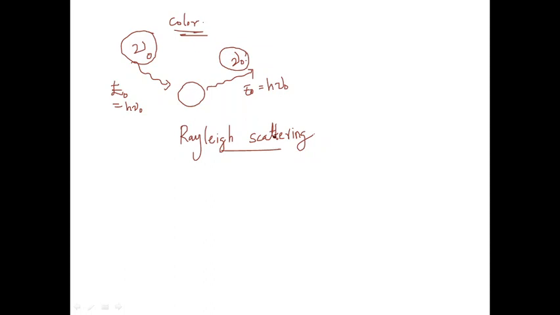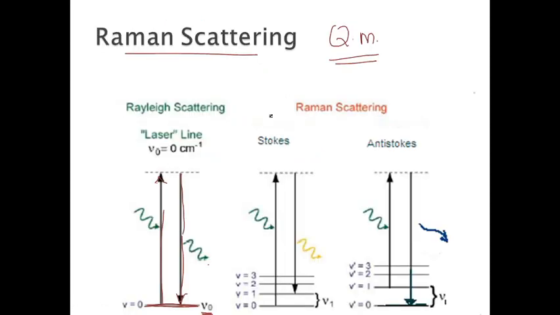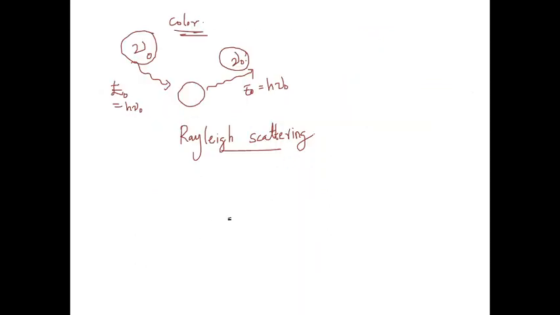Now what actually happens in the Raman effect is that the molecules taking part in the scattering process are contributing some energy or taking away some energy from the incident photon.